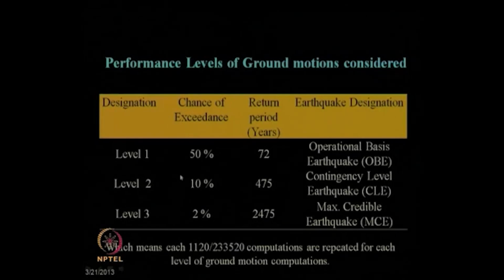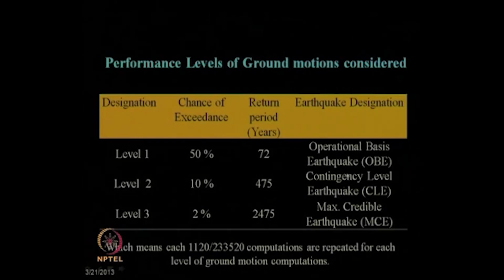So, these are the 3 levels by which one can go for a design, and their earthquake designations are: level 1 is called operational basis earthquake or OBE, level 2 is called contingency level earthquake CLE, and level 3 is called maximum credible earthquake or MCE.